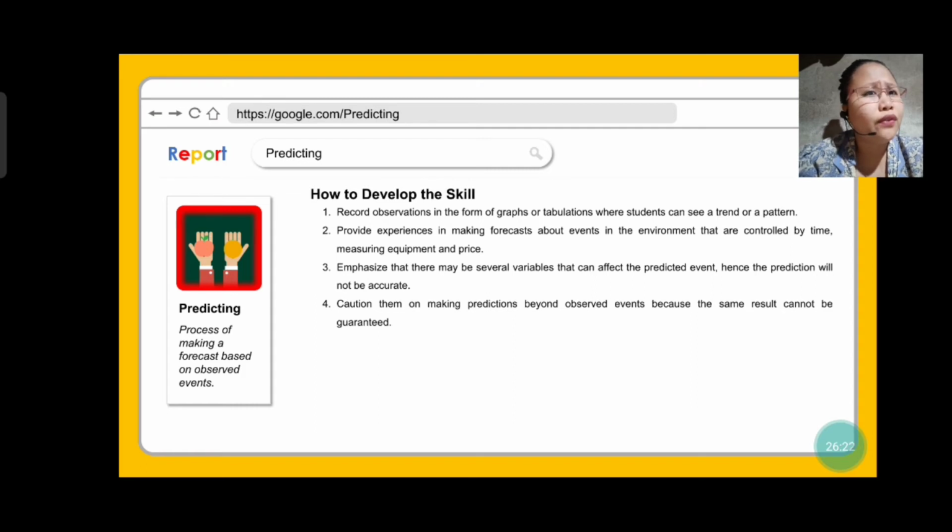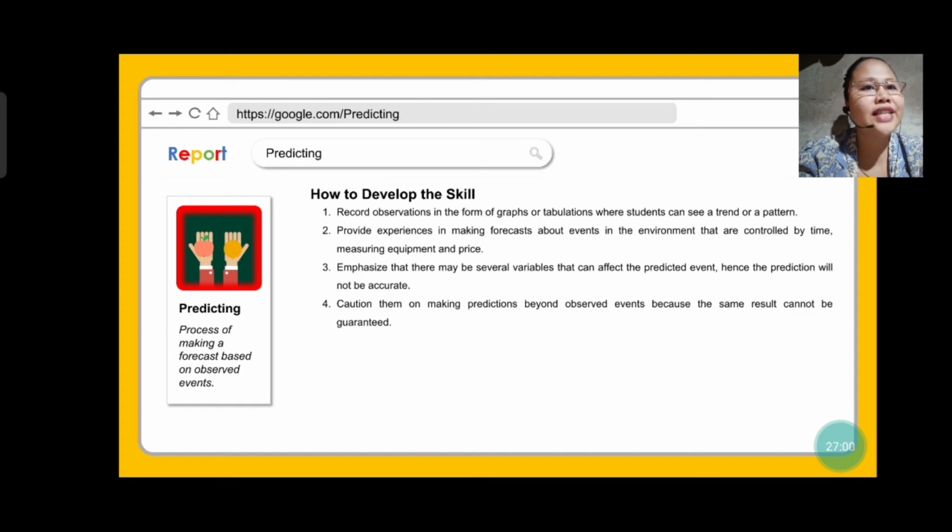So let them experience the forecast. We can forecast how many meters or how strong the rain must be to cause a flood. That is an environment controlled by time, measuring equipment, and price. And the data, they can gather through searching the internet and through the information of UST Pag-asa.